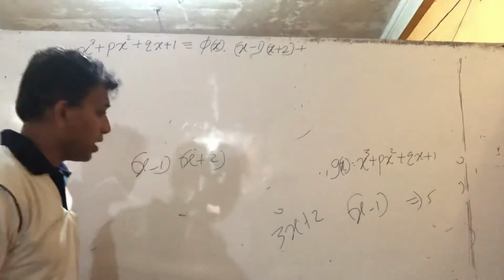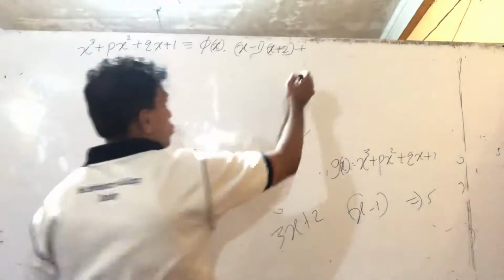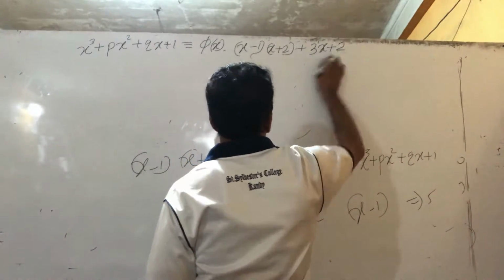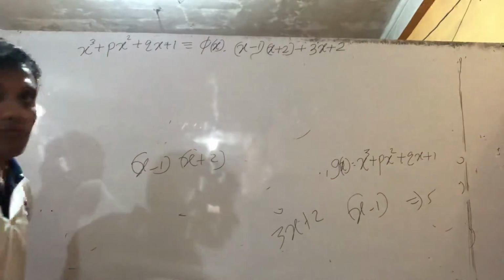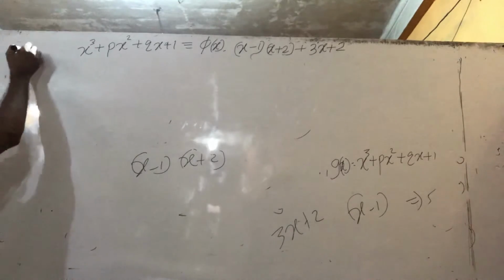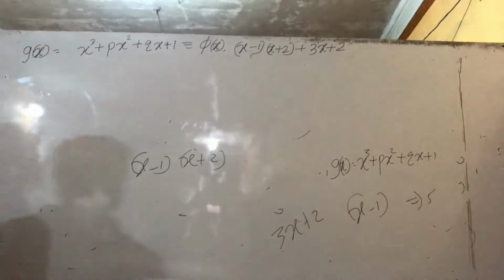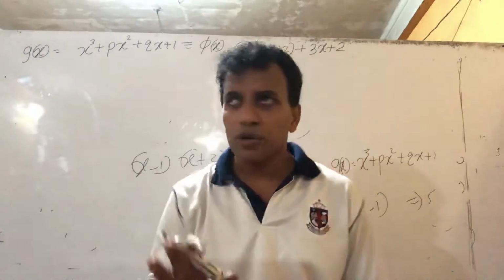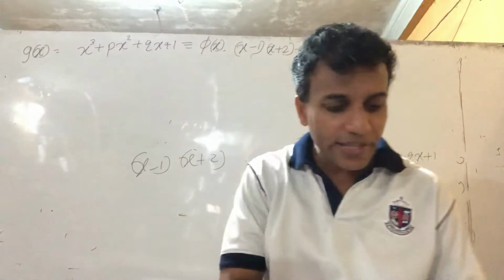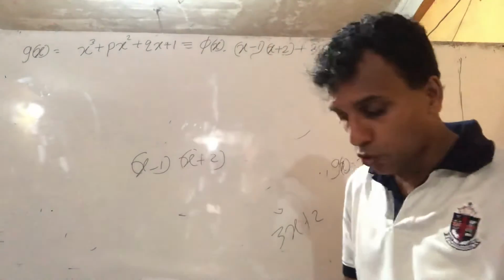They said the remainder is 3x + 2, and this is one form of g(x). Now don't find p and q at the moment, because it is a continuous problem. We write the statement for the other part and then decide how to do this question.